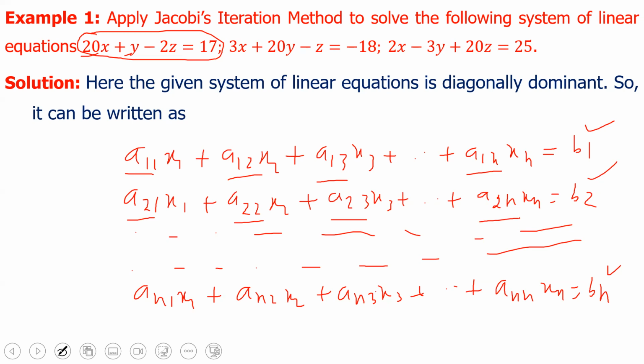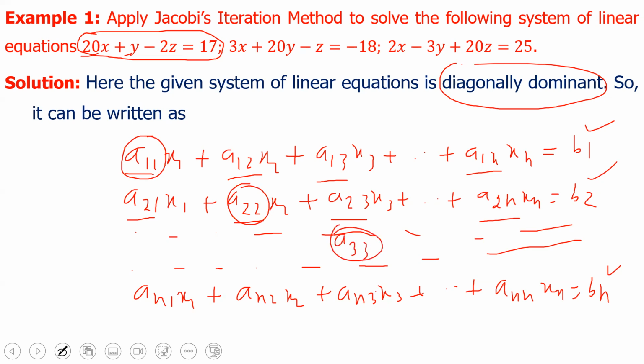Now what is the meaning of diagonally dominant? First look here: A11, A22, A33, A44, A55, up to Ann are called the diagonal elements of the given matrix. So diagonally dominant means what?